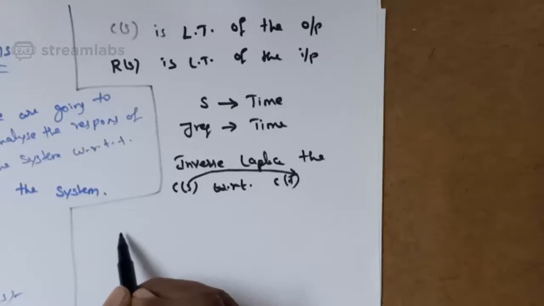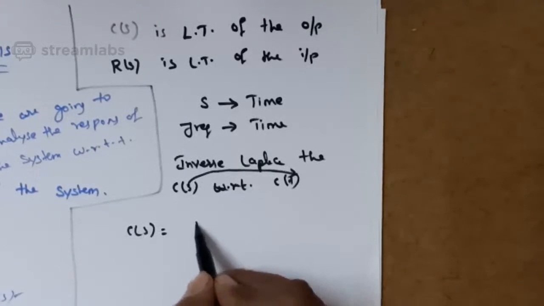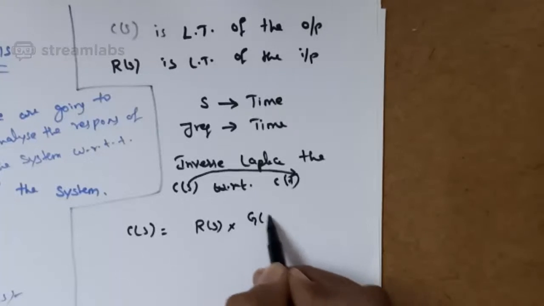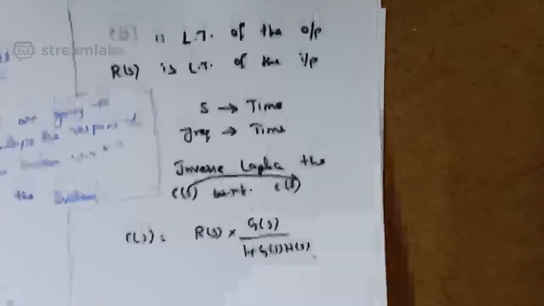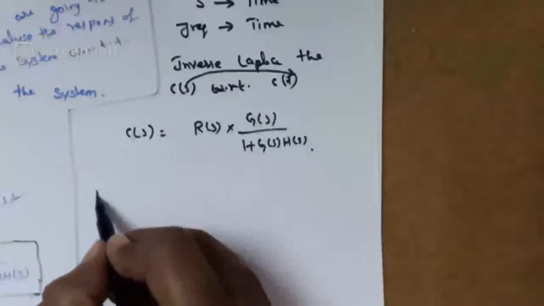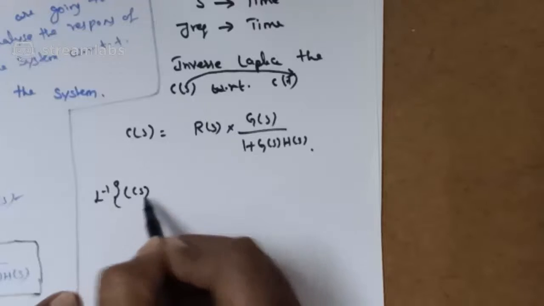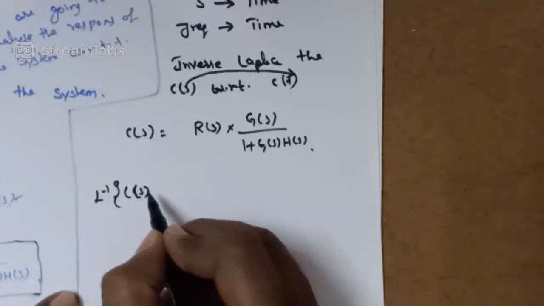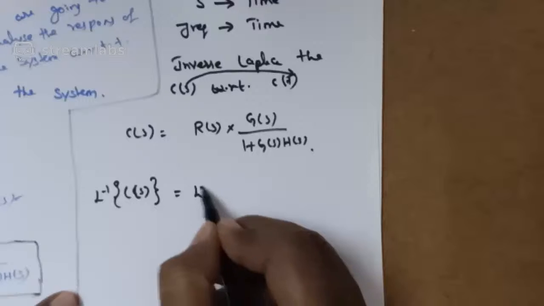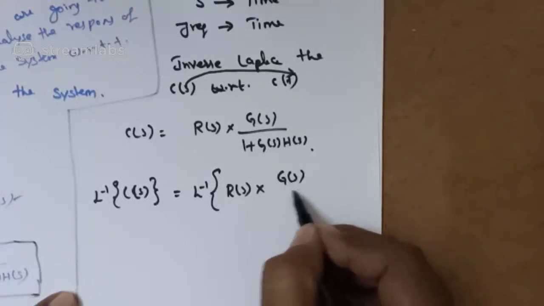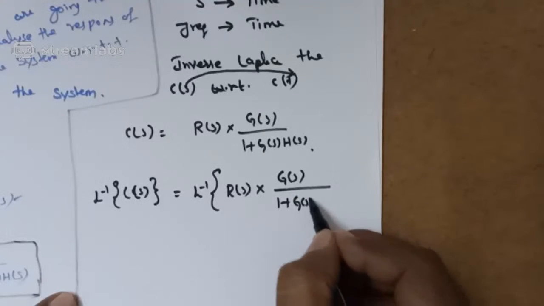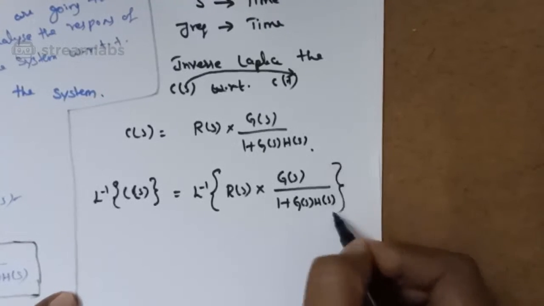So for that purpose we have C of s is equal to R of s into G of s by 1 plus G of s into H of s. Now we are going to take the inverse Laplace of this term. So inverse Laplace of C of s is equal to inverse Laplace of R of s into G of s by 1 plus G of s into H of s.